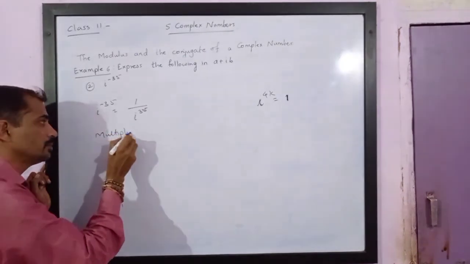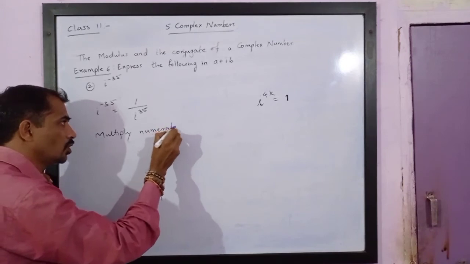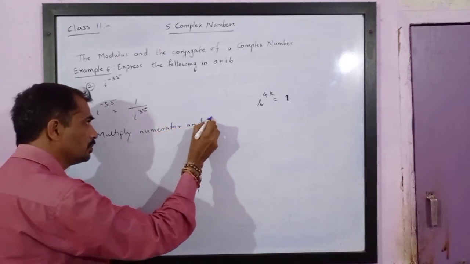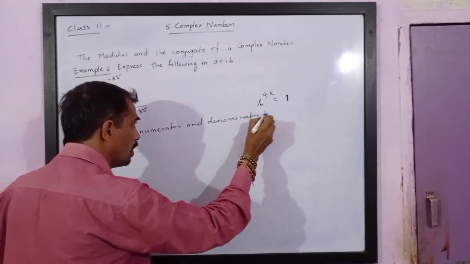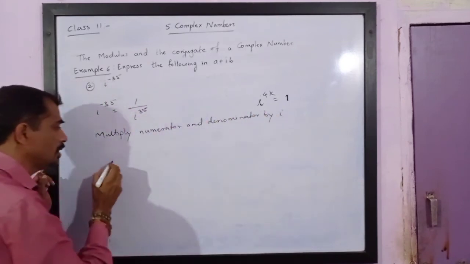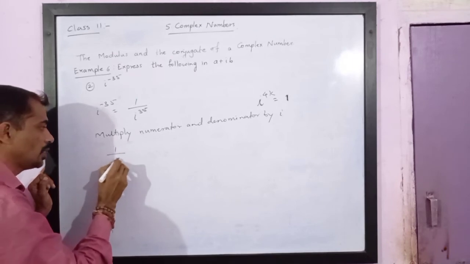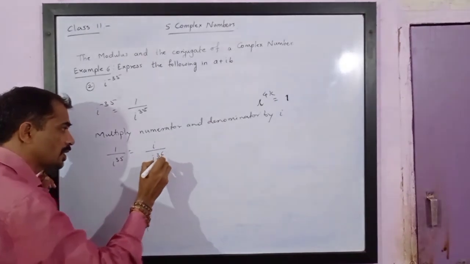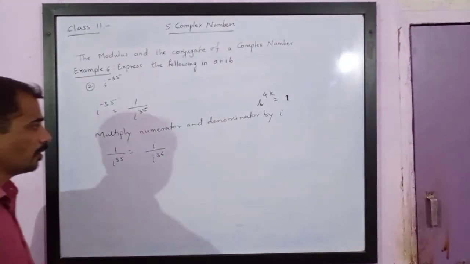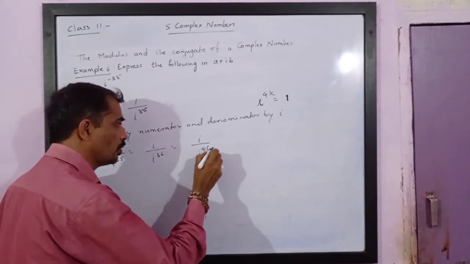So we get 1 upon i raised to 35 is equal to i upon i raised to 36. Now this is equal to i upon i raised to 4 into 9.